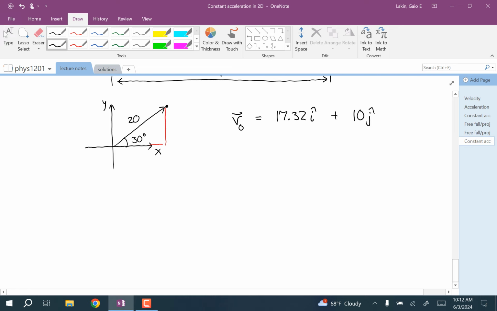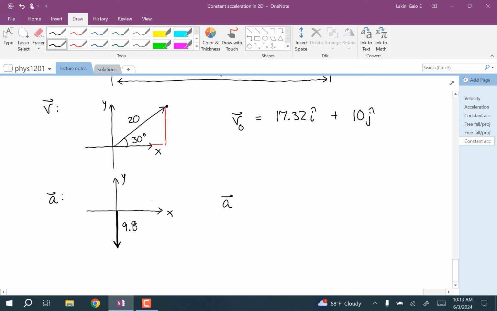For the acceleration, that vector has to stay constant the whole time in order to use these constant acceleration equations. Here's what we know about the acceleration in free fall and projectile motion: it's straight down with a magnitude of 9.8.